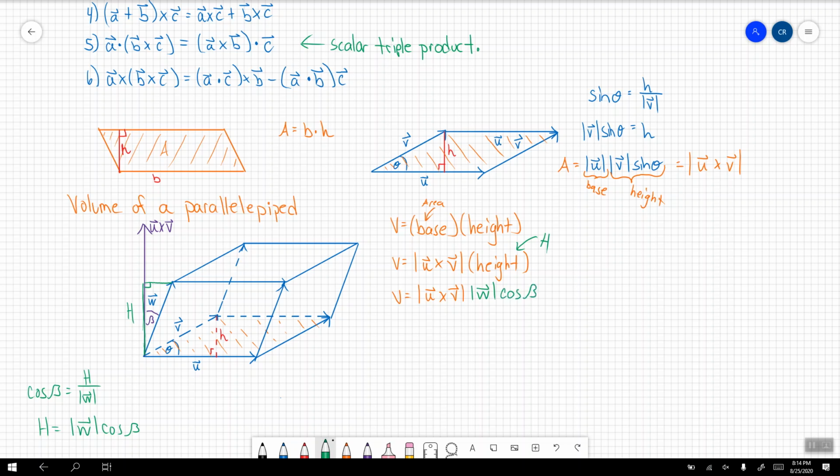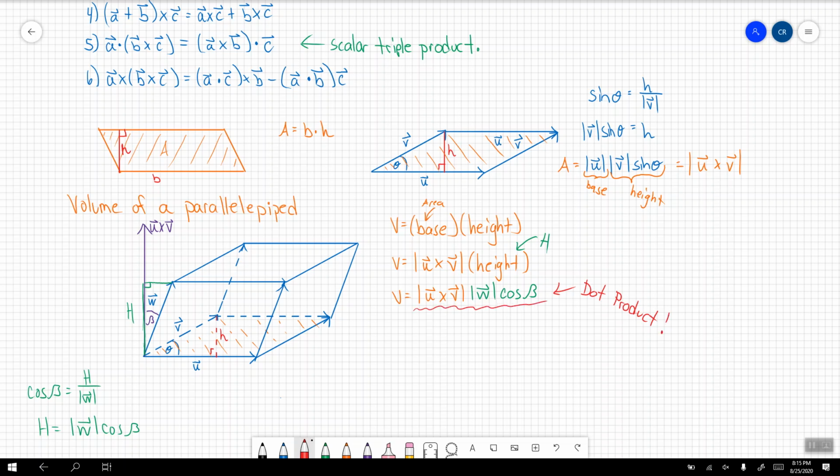Awesome. Look at that. Everything's right there. That is beautiful. Now, if you recall, this volume of a parallelepiped, u cross v, that's a vector. So the magnitude of one vector times the magnitude of another vector multiplied by the cosine of the angle made between them. Wow. That's the definition for a dot product.